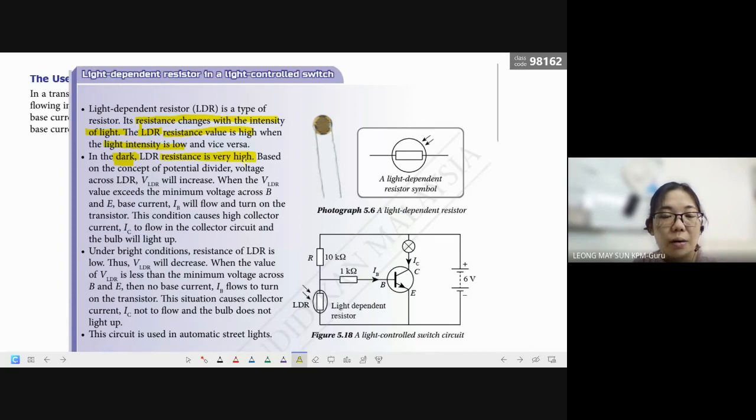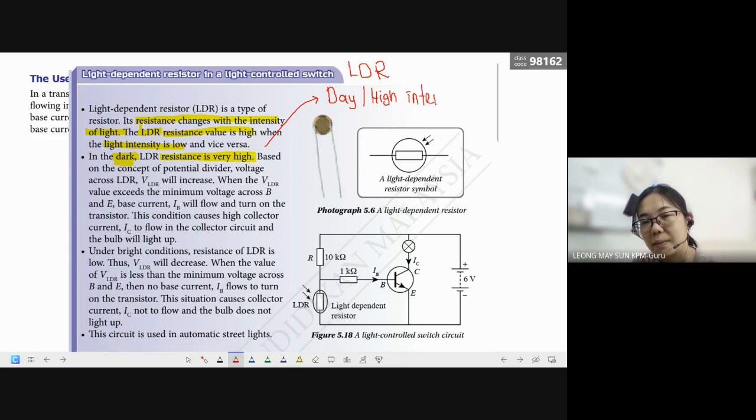So in summary, about the LDR, light dependent resistor: during the day, or high intensity of light, the resistance is low.